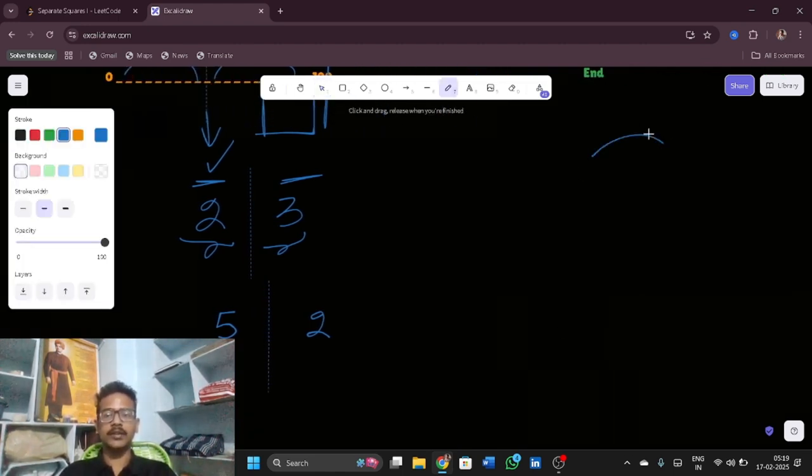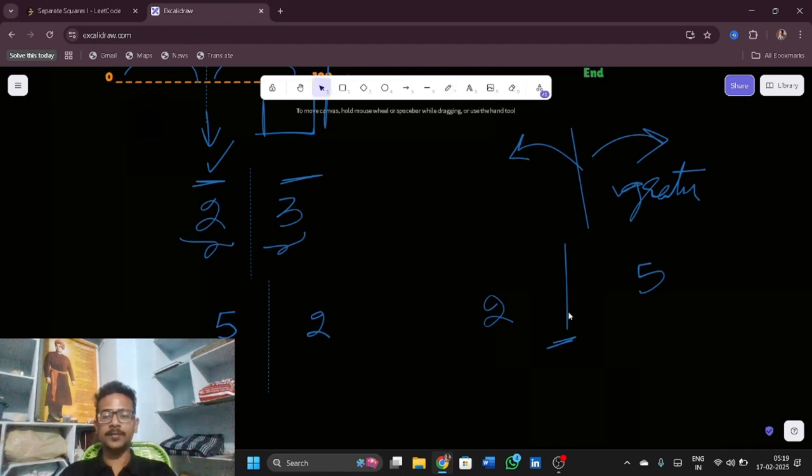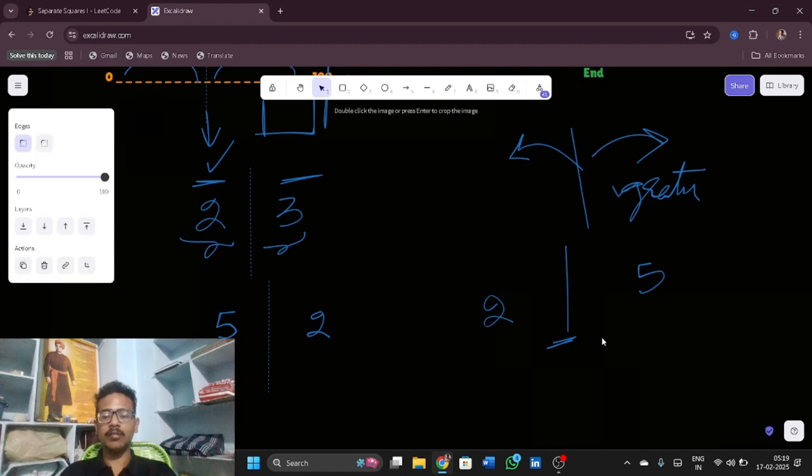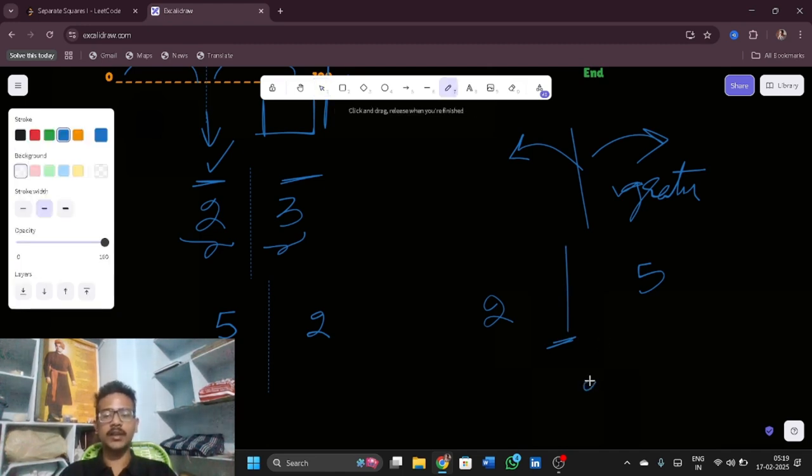I can go either right or left, but every time I'll go to the greater side, so that even if I have an area of 2 here and the area of 5 here, and I go here, then the middle area can be, there is a probability that I can get 2 plus 5, it is 7, then I can get 3.5 as my area, so that I go to the greater side.